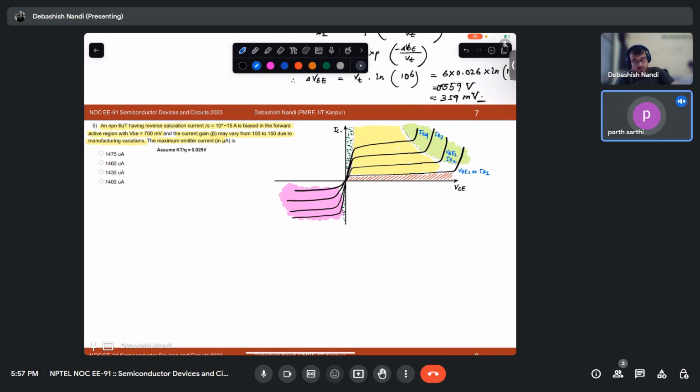The first region is saturation region. Which one? This region from 0 is called saturation. Yes, sir. Okay. And this yellow region is called active region. Okay, active region. What about this red hatched line? I don't know about that. This region is called your cutoff region.